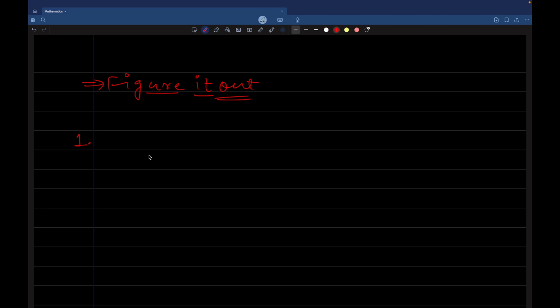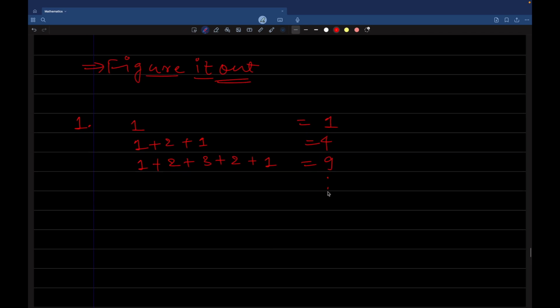Question number 1 says, can you find a similar pictorial explanation for why adding counting numbers up and down, that is 1, 1 plus 2 plus 1, 1 plus 2 plus 3 plus 2 plus 1, gives square numbers? That is, this gives 1, this gives 4, this gives 9, and so on.